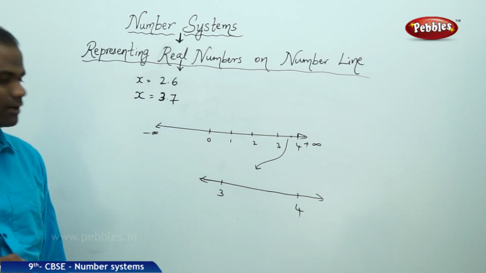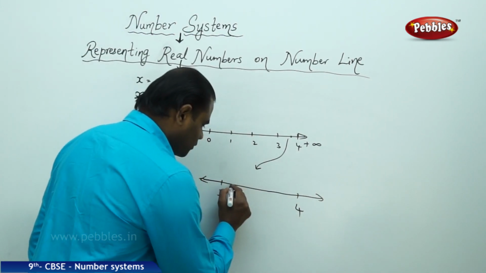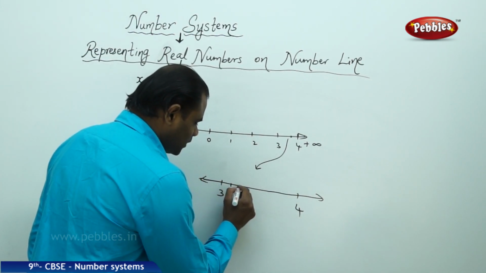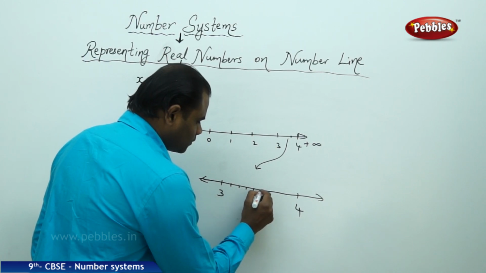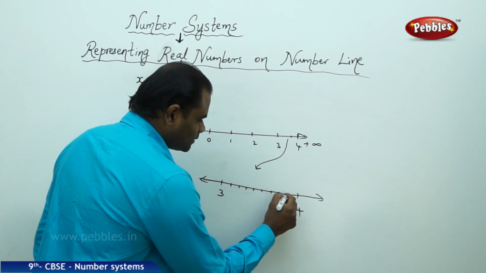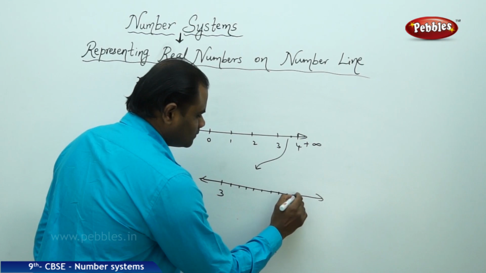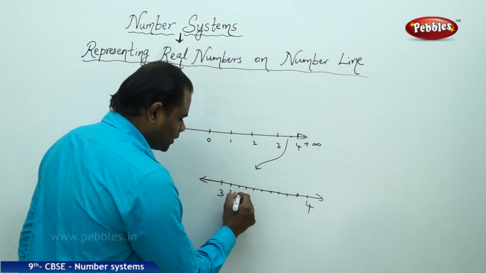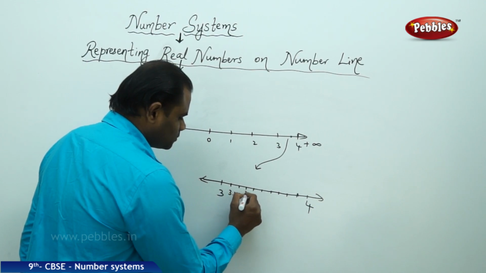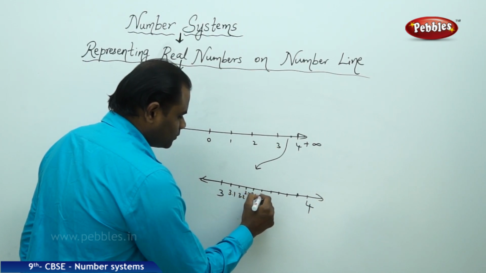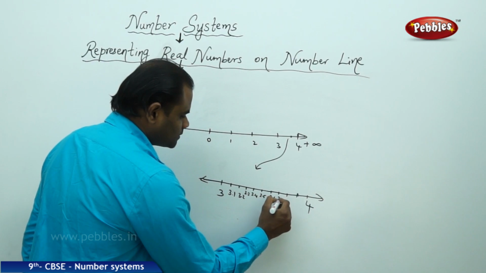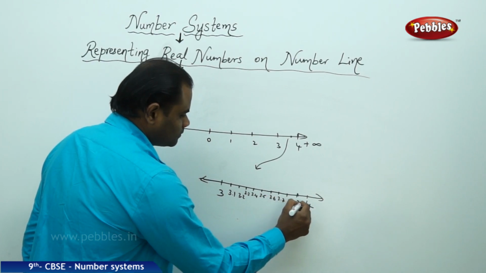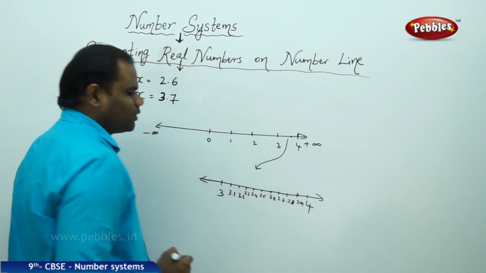for between 3 and 4. I see that between 3 and 4 I have 10 different scales. 1, 2, 3, 4, 5, 6, 7, 8, 9, and 10. So I get this to be 3.1, 3.2, 3.3, 3.4, 3.5, 3.6, up to 3.9.